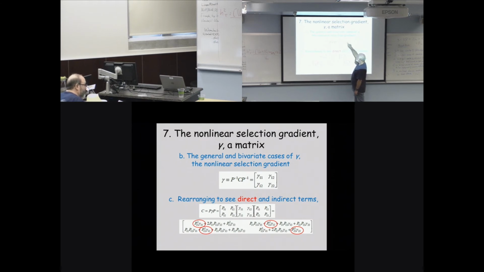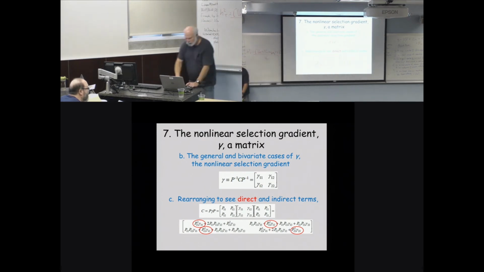These are the direct effects of selection on covariance. And if we're interested in morphological integration, these are the terms that interest us, because these are the terms describing the direct effects of selection that will promote covariance and correlation between traits when gamma 1,2 is positive. Okay, so I'm sort of going fast, but I want to keep us on schedule.